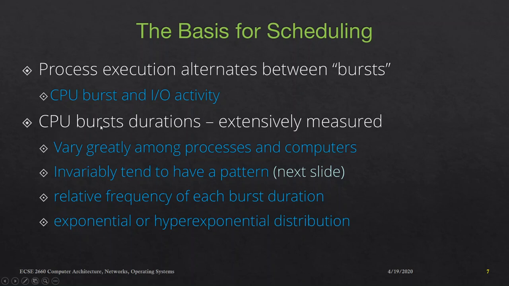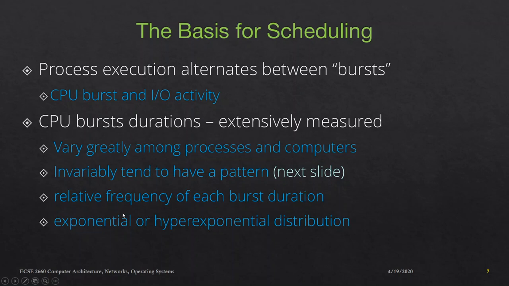Now, the duration of CPU bursts has been extensively measured. And after people measured those burst times, it was found that they vary greatly among processes and computers, and they invariably tend to have a pattern. In a little bit on the next slide, we are going to look at what pattern those CPU bursts have. We are going to observe the relative frequency of each burst duration.